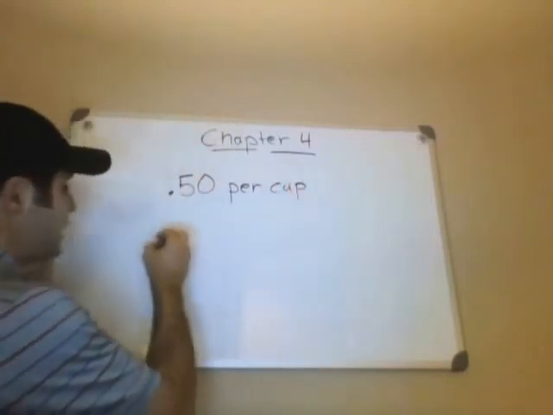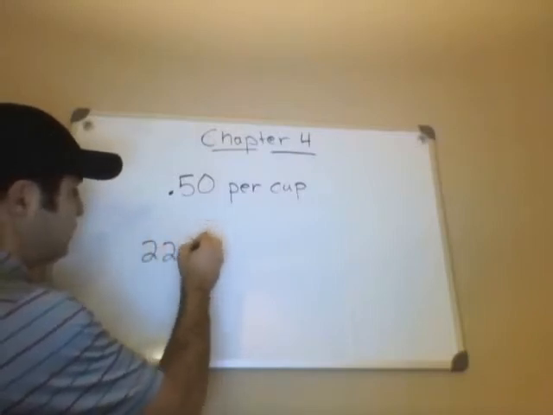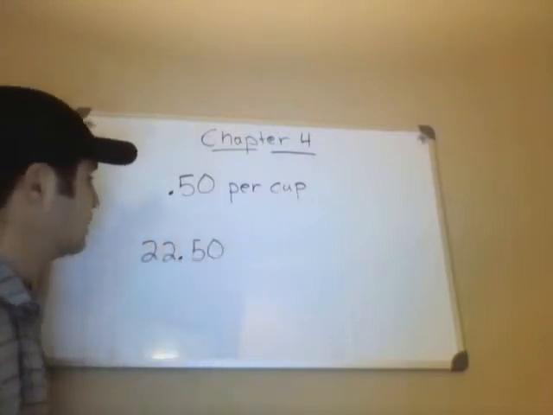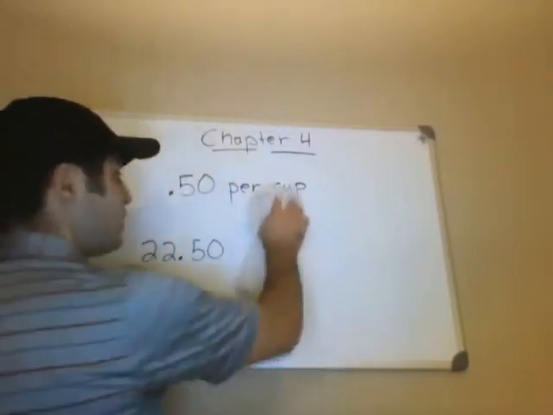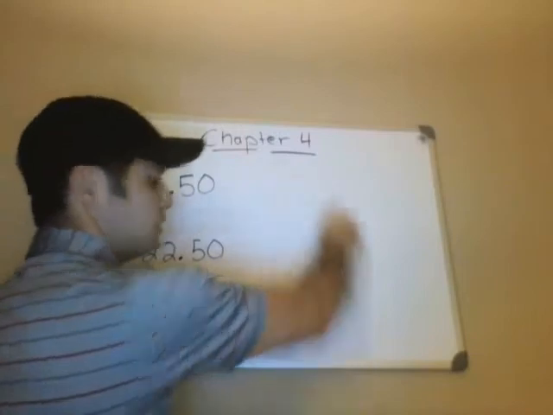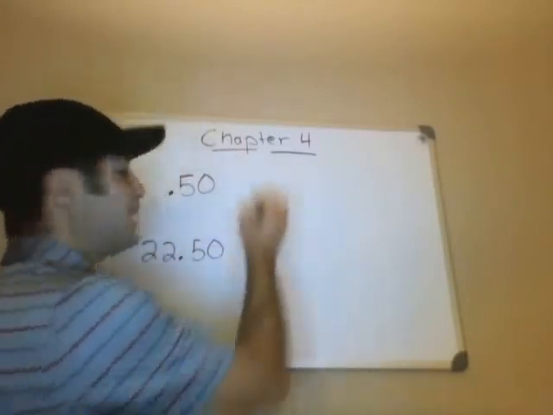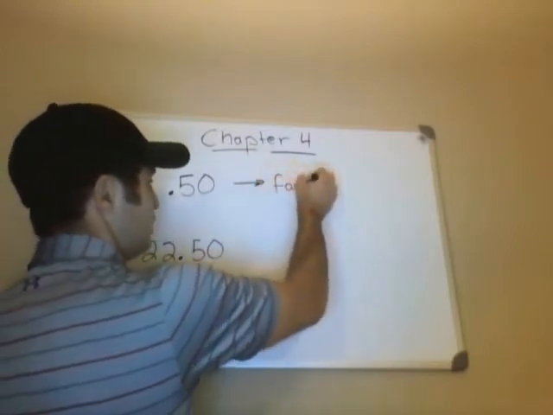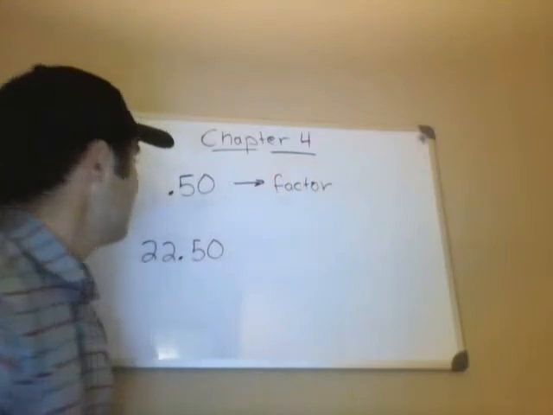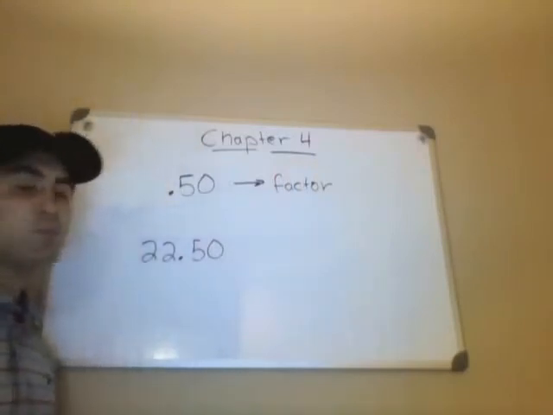And then at the end of the day, he had $22.50. This rate right here is actually a factor that will determine how much we make at the end of the day. So this is a factor. And what's the other factor that determines how much we make? How many cups we sell.